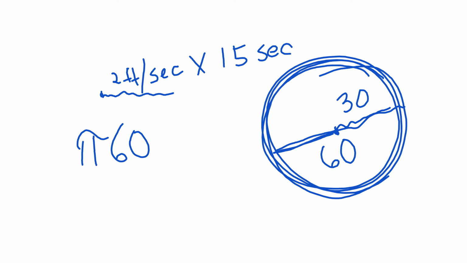So if we look at this first one, it says, what is the area in square inches of a circle whose diameter is 22 inches? What would the answer be? Would it be G?